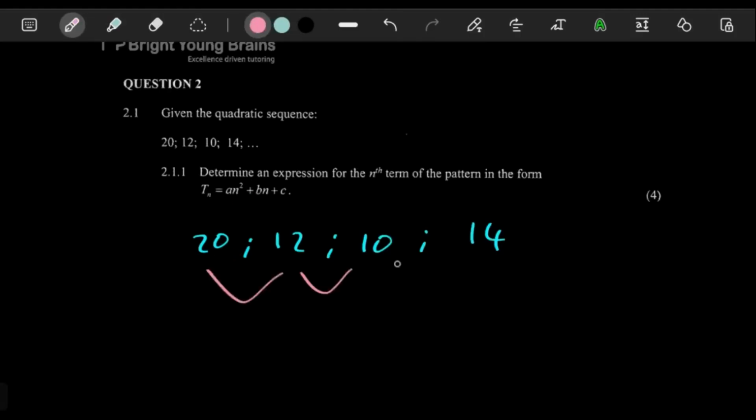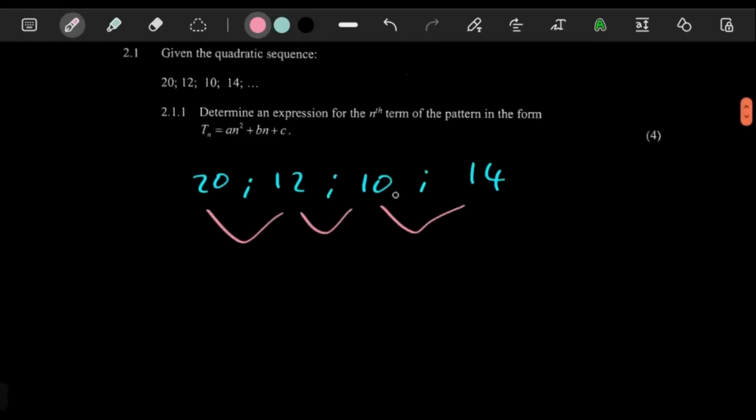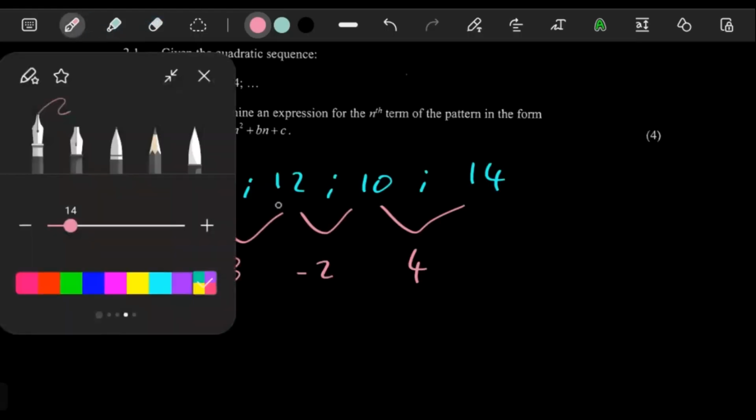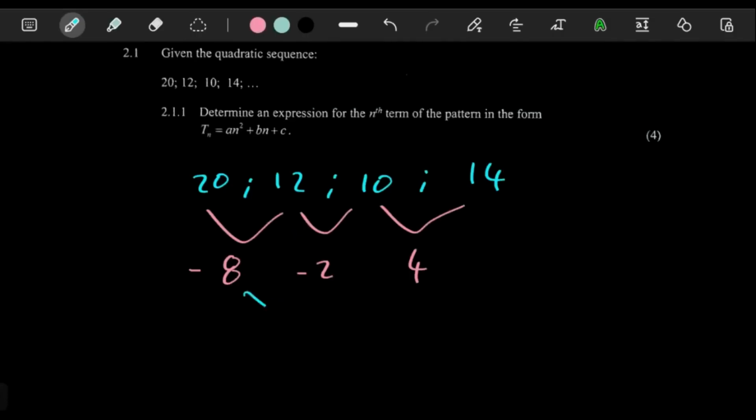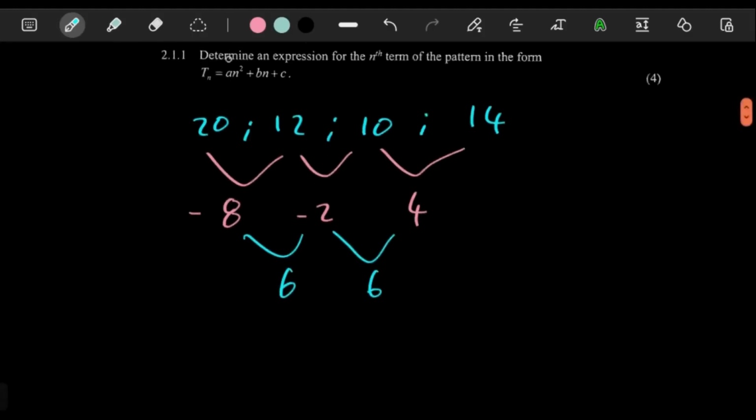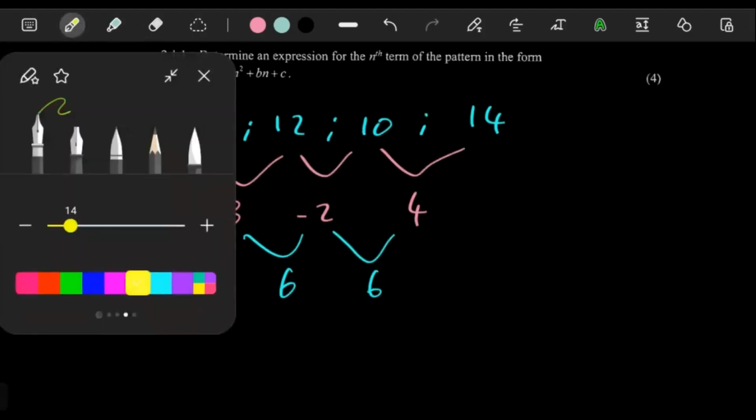This is standard procedure. 14 minus 10 is 4. 10 minus 12 is negative 2. 12 minus 20 is negative 8. Then your next line is more or less the same. 4 minus, this is where you have to be careful, 4 minus negative 2 is 6. Negative 2 minus negative 8 is 6 as well, because a negative and a negative you plus.